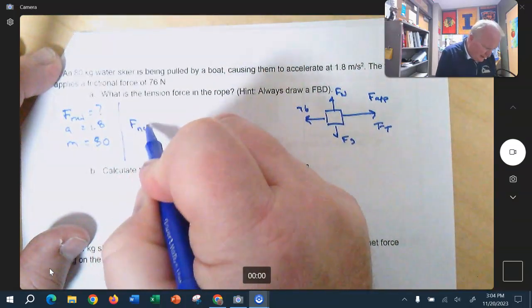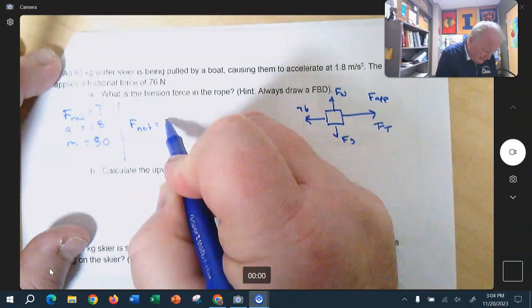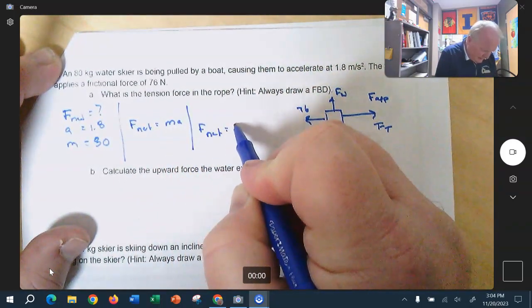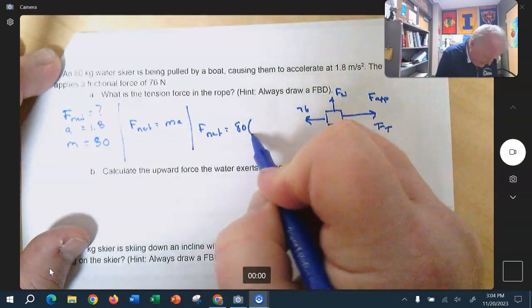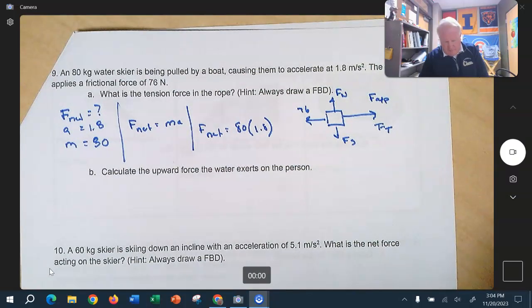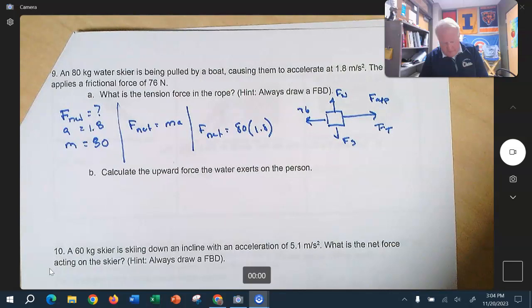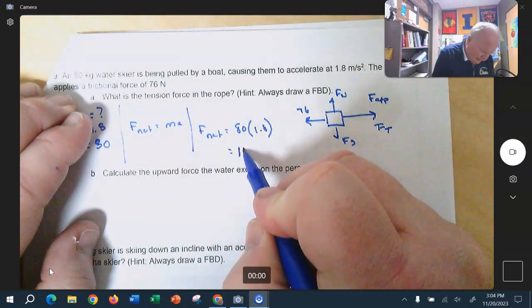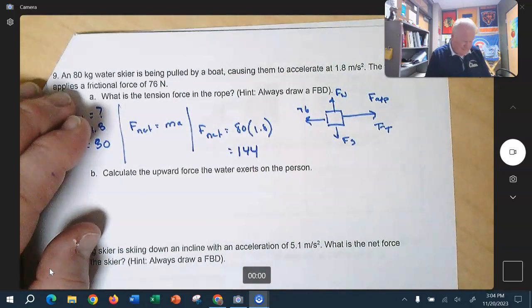So F net equals mass times acceleration, or F net equals 80 times 1.8. 80 times 1.8 is 144. So the F net is 144.